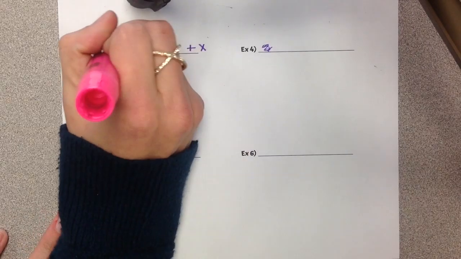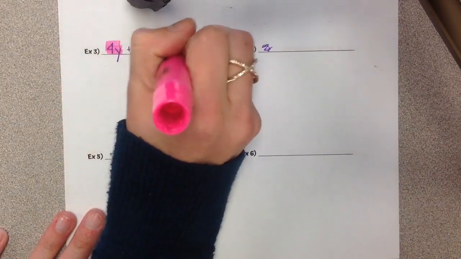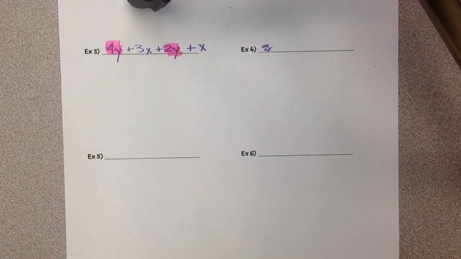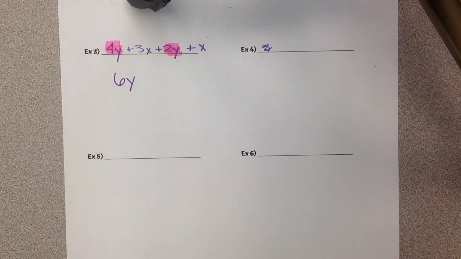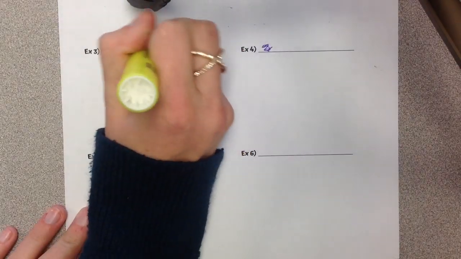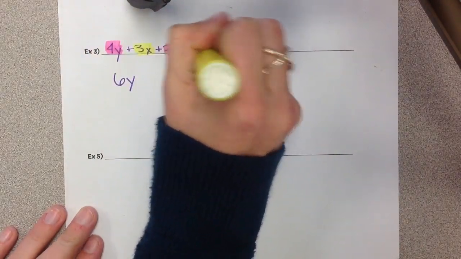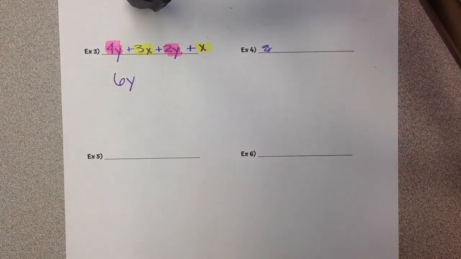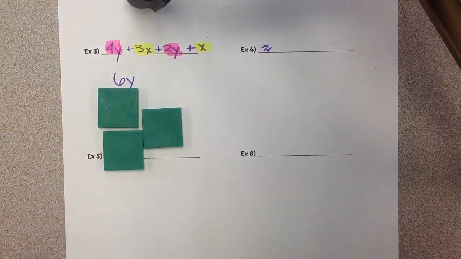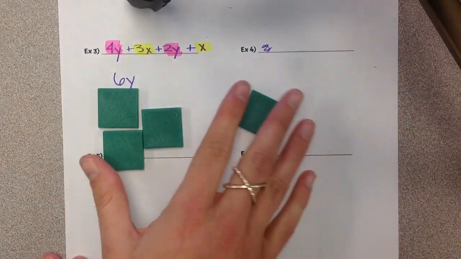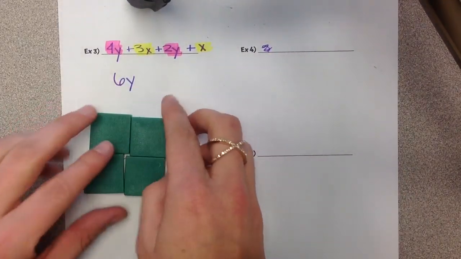I see 4y and 2y, which can be combined together. That makes a total of 6 y's. And I see 3 x's and another x. If greens are representing our x's, and we have another x, that combines for a total of 4 x's.